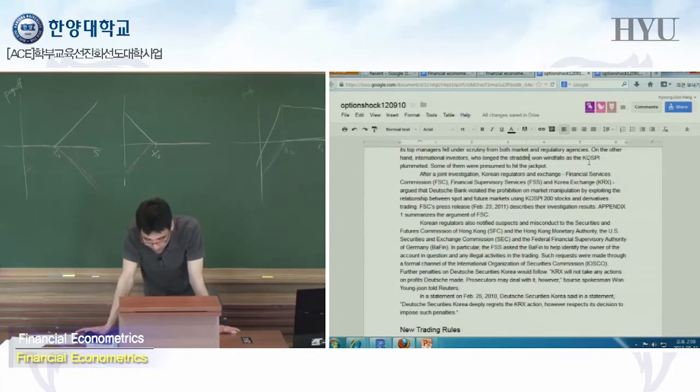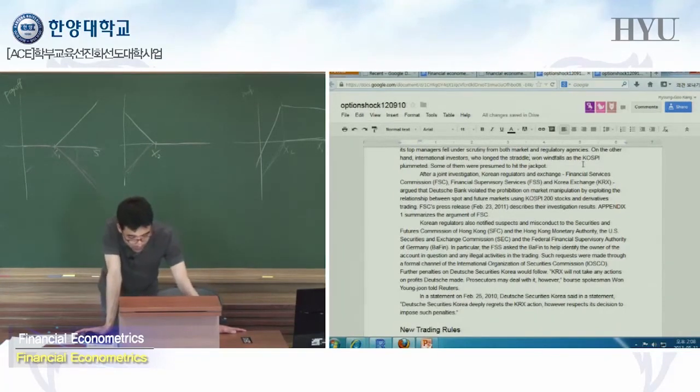In particular, the FSC asked the BaFin to help identify the owner of the account in question and any illegal activities in the trading. Such requests were made through a formal channel of the International Organization of Securities Commissions (IOSCO). Further penalties on Deutsche Securities Korea would follow.